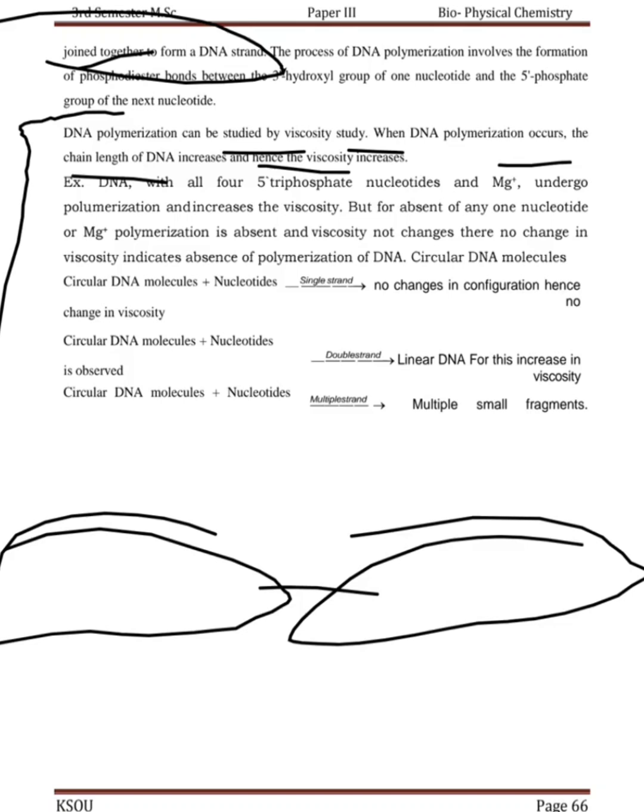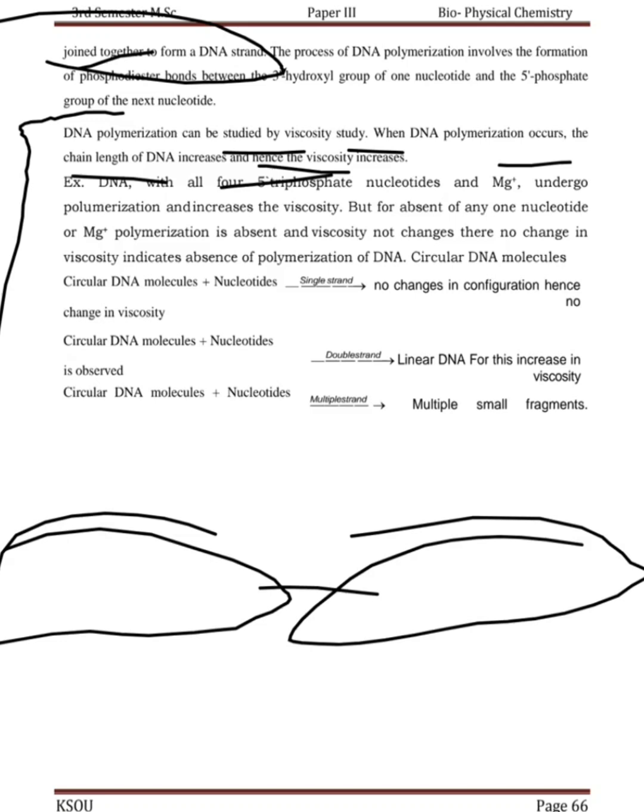Because one nucleotide is added to another, and then one more nucleotide is added, it keeps on synthesizing. So the polymerization will be taking place. That means the chain length will be increasing. Chain length of DNA increases, hence the viscosity also increases.